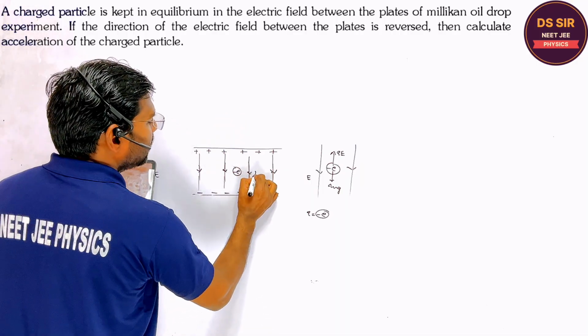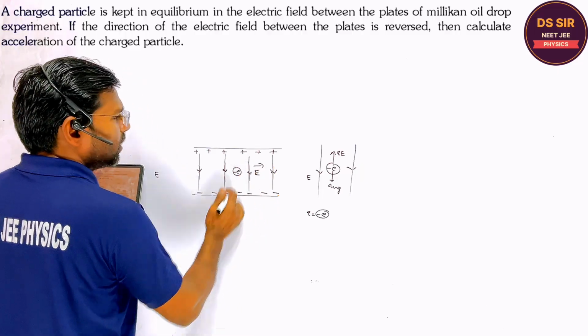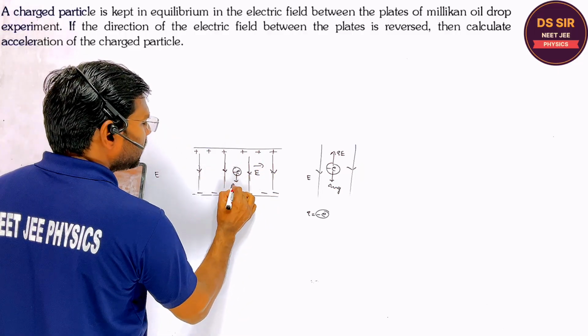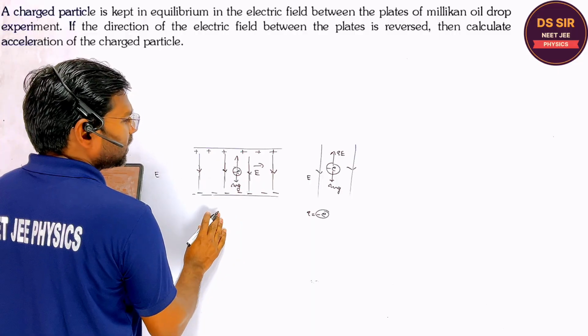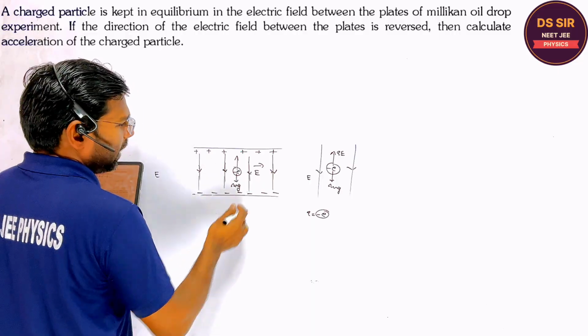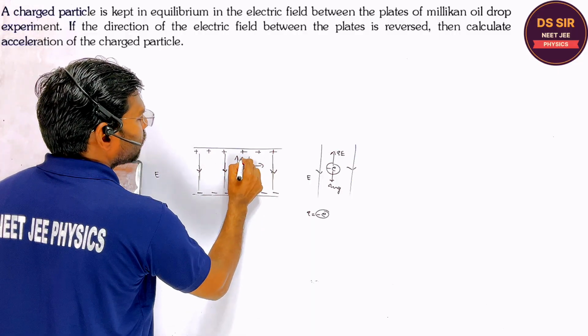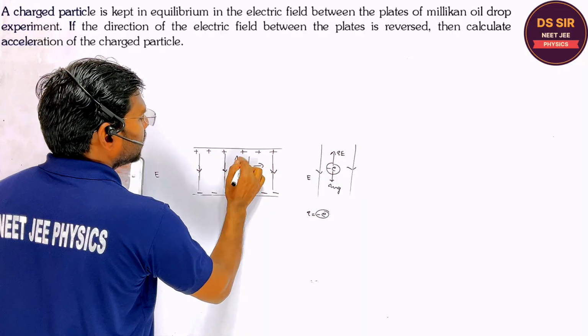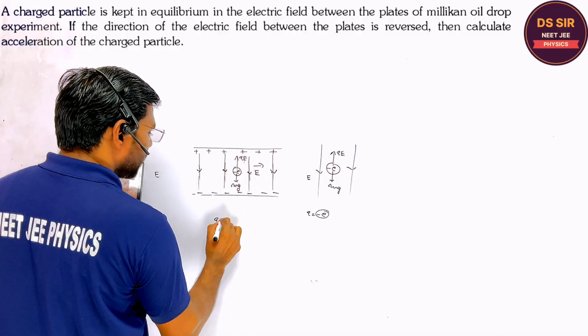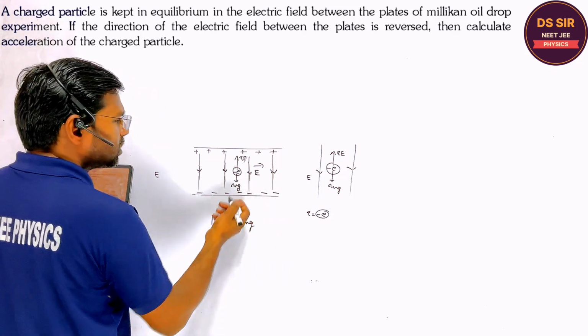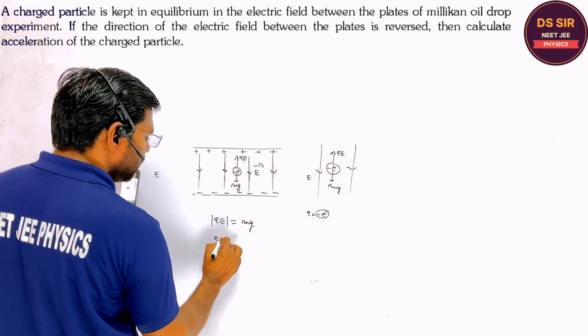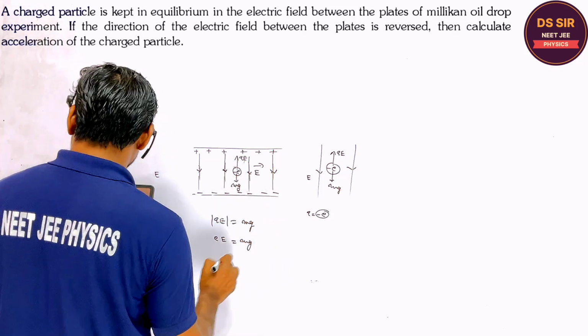If the electric field is E, the mg will try to pull it down, but it is balanced by the electrostatic force applied by this electric field, which is equal to qE. So qE is equal to mg, where q is the charge on the electron.